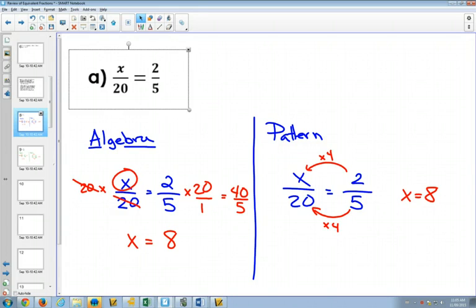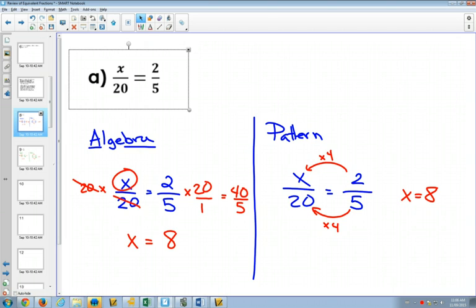If I did that same thing on the top of my fraction, then that pattern would hold, and those fractions would be equivalent. So that was the pattern method, where we look for the same thing.